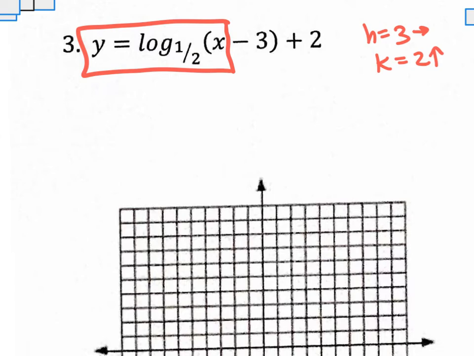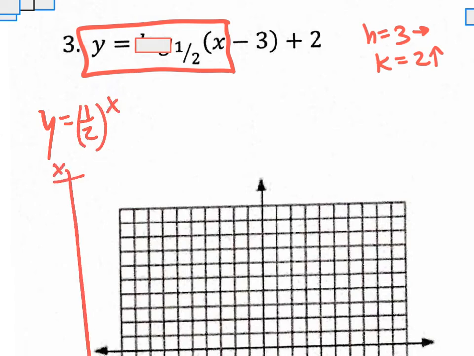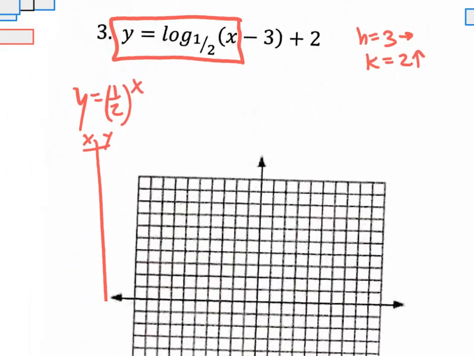It's a lot easier to think of the inverse of log base 1/2 of x. What is the inverse of log base 1/2 of x? 1/2 to the x power. Yep, ignoring log, you see y equals 1/2 to the x power. So find the points to that exponential decay function, and then once you have those points, you switch the x and the y's to get your actual coordinates, and then you shift according to h and k on your actual coordinates. That's how you get your final graph right there.